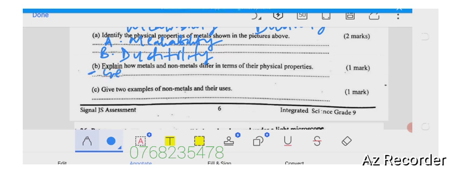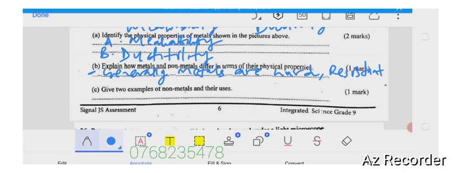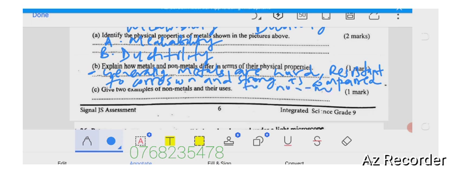Generally, metals are hard, resistant to corrosion, and strong as compared to non-metals.